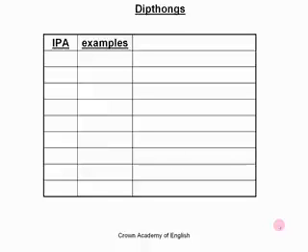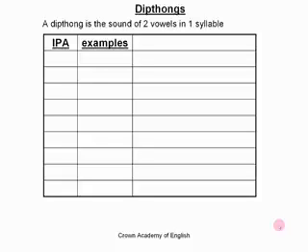Diphthongs. A diphthong is the sound of two vowels in one syllable. Ear, ear.